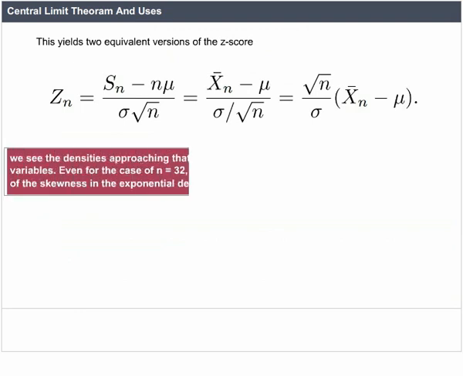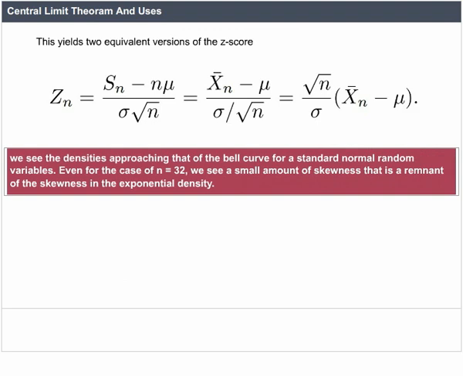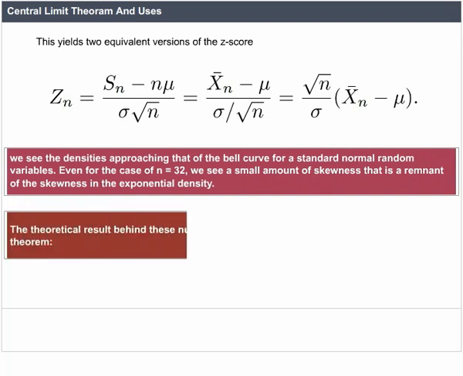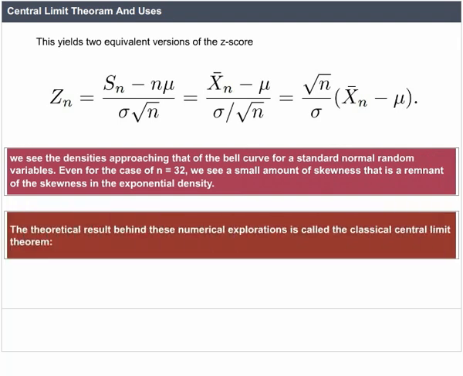We see the densities approaching that of the bell curve for a standard normal random variable. Even for the case of n equal to 32, we see a small amount of skewness, that is a remnant of the skewness in the exponential density. The theoretical result behind these numerical explorations is called the classical central limit theorem.